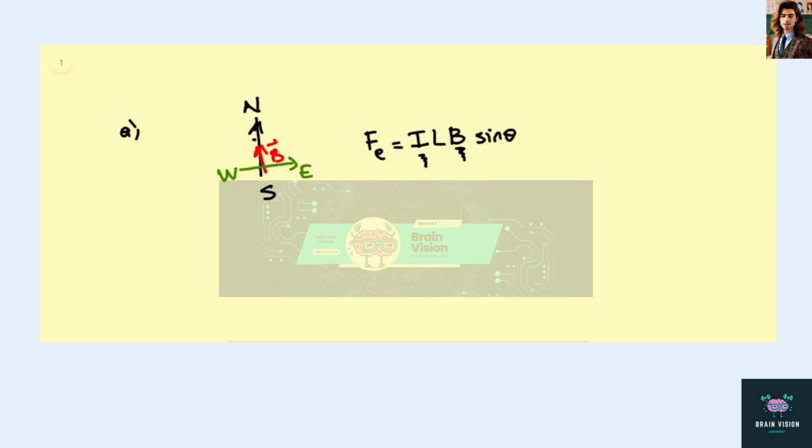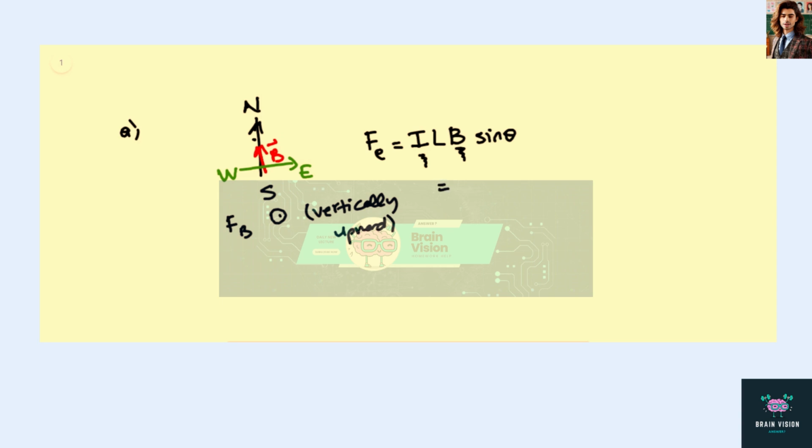Using the right-hand rule, we can determine the direction of the magnetic force exerted by the Earth. F sub B is basically out of the screen, or you can say vertically upward.